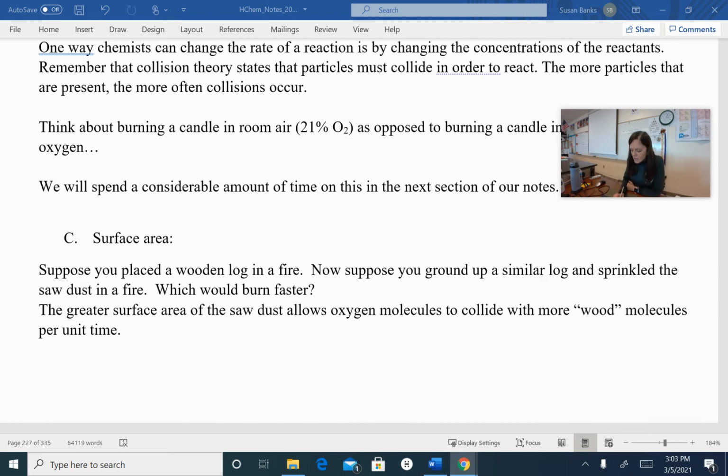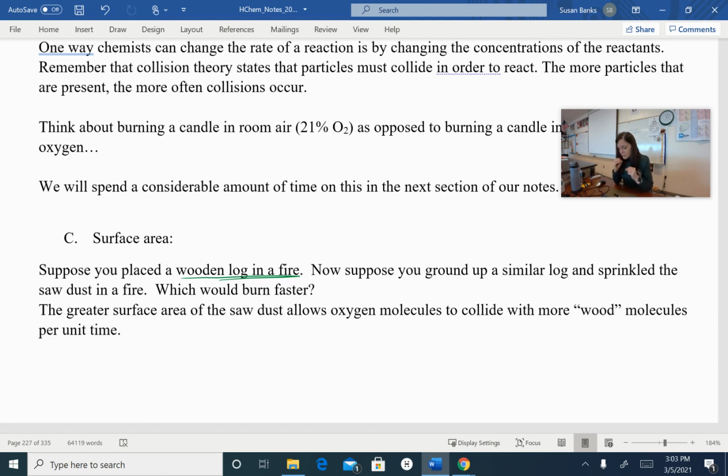If I have a log on a wooden fire, where can that fire actually burn the log? The oxygen from the air can only burn the log on the surface, right? That's why when we do a fire, the logs burn from the outside in, right? Only the surface can burn.